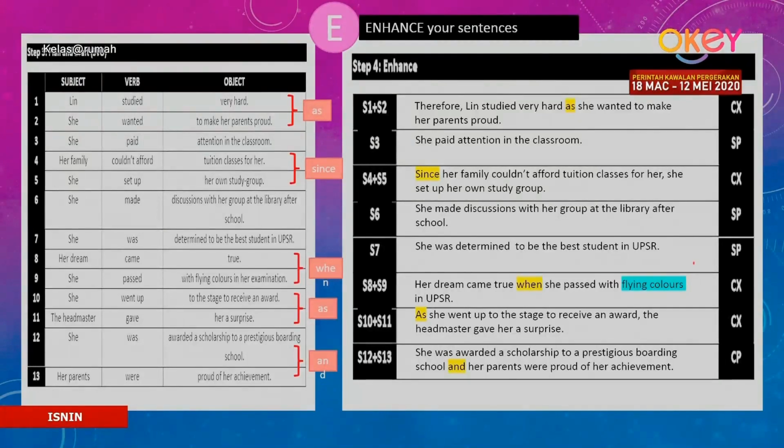Sentence 8 and sentence 9, when we combine them using the conjunction when, it becomes a complex sentence. Same goes to sentence 10 and 11, it's a complex sentence after we have combined them together. And lastly, sentence 12 and 13, when we combine them using and, it is actually a compound sentence.